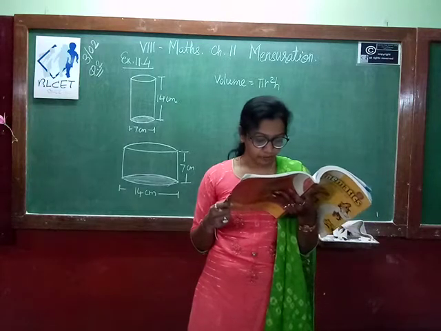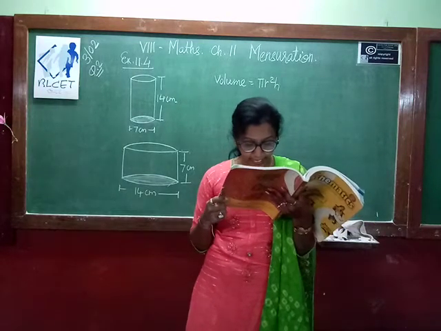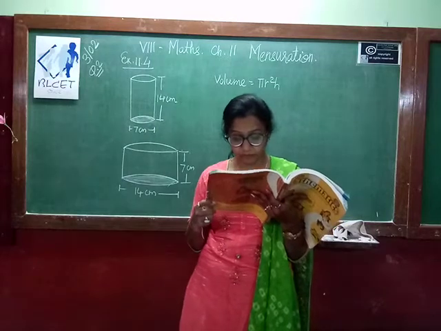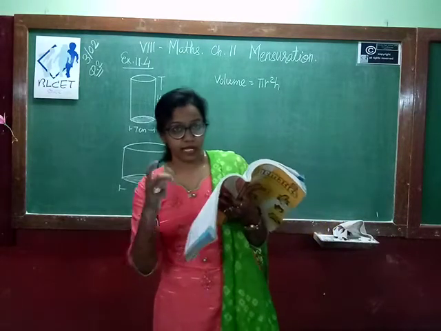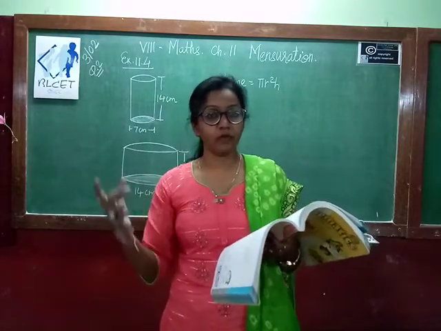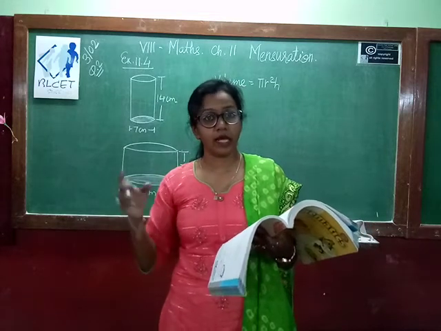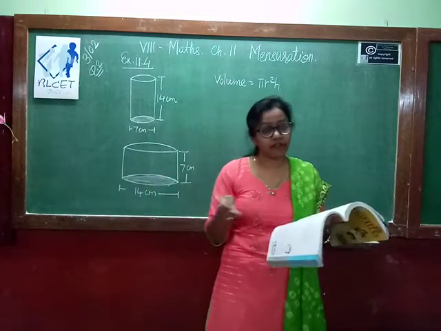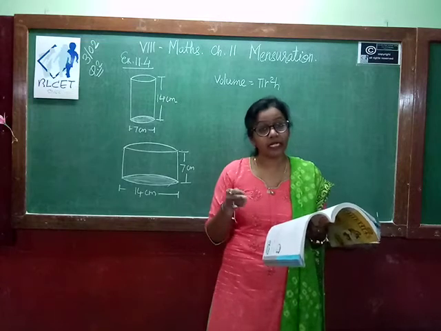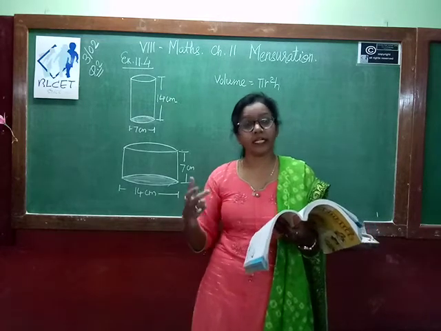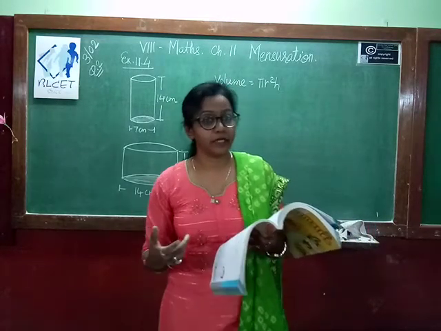Third situation, to find the number of small tanks that can be filled with water from it. The whole water tank is filled with water, and from that water tank, now you are filling small tanks. So what do you have to find? It is related to water. Water means holding capacity.